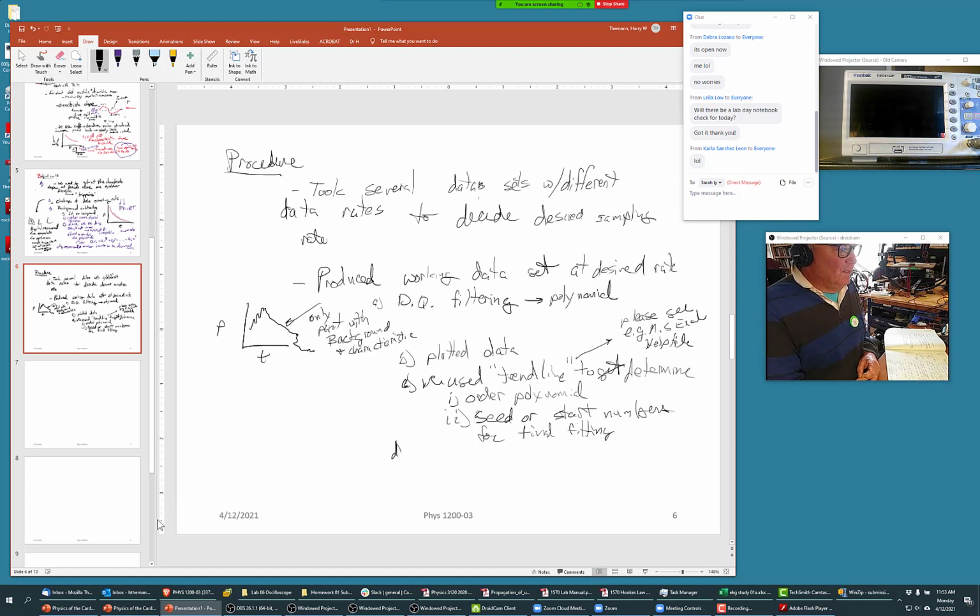And D, constructed fit function or fit line, I guess. Yeah, fit line column. Fit line. Yeah, we know what that means.